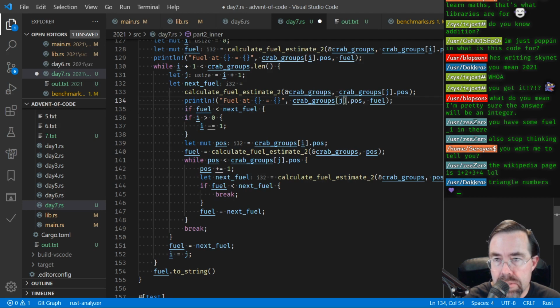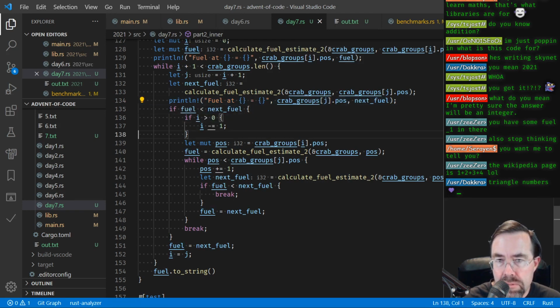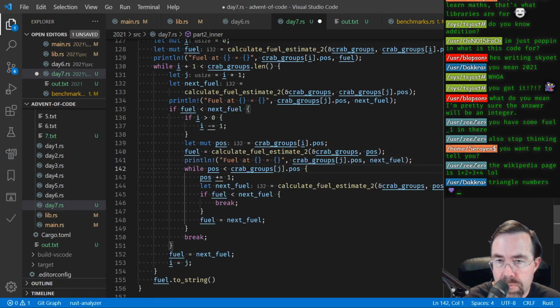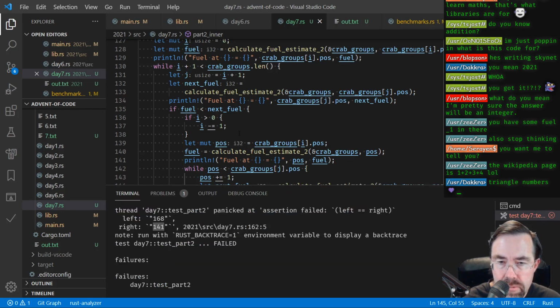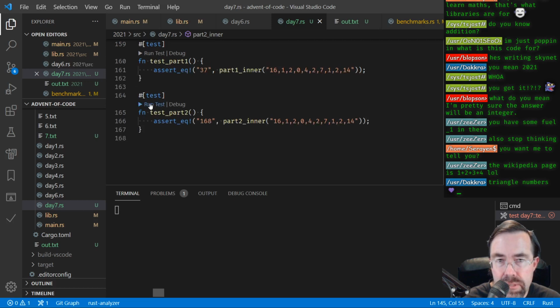J is next fuel. And then this one's just position and fuel. And then this is, again, position, but next fuel. All right. What did I do wrong? Tell me, computer.